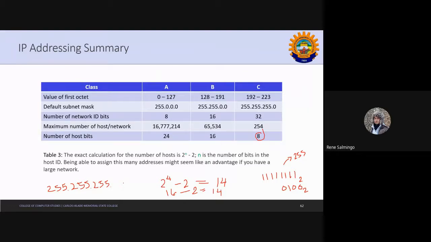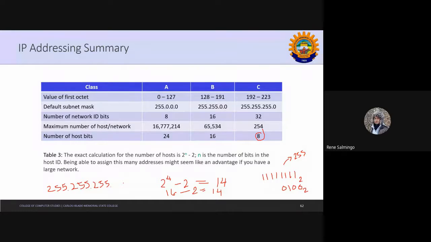That is how much? 251. So you have 250. Okay, 251 or 250, because you have 1 bit left. So your values would be 250, or if you start at 0, it would be 251.